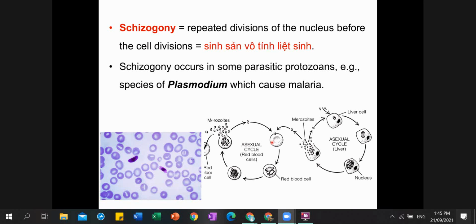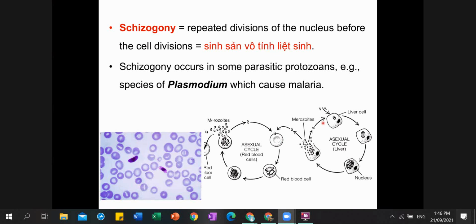Over here in the red blood cells, they go through maybe 1 or 2 more cycles of multiple fission. So every time they have enough, they break the red blood cells out. So they are released back to the blood again, then they start invading more red blood cells.